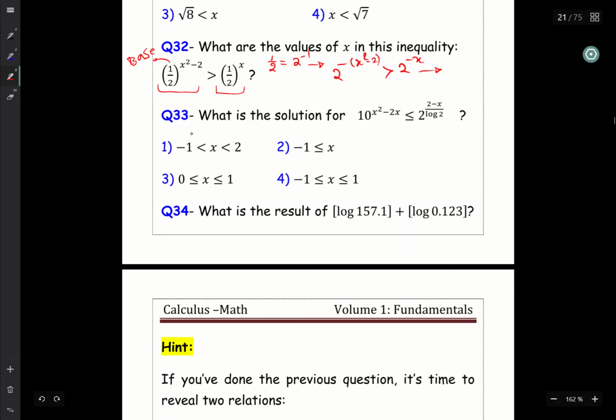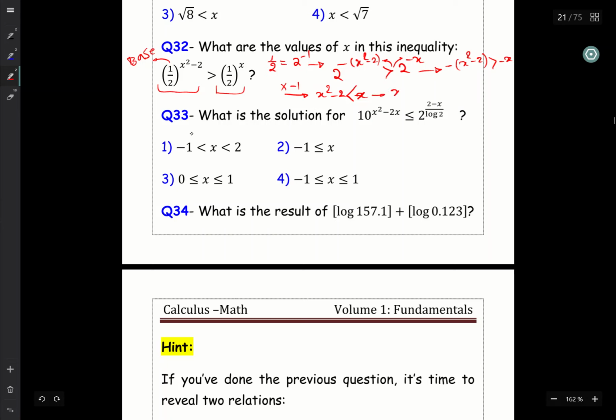And now because 2 is greater than 1, these exponential functions are monotonically increasing, therefore the inequality goes on the powers as well. So minus (x squared minus 2) is greater than minus x, therefore x squared minus 2 is less than x. I multiplied both sides by negative 1, okay?